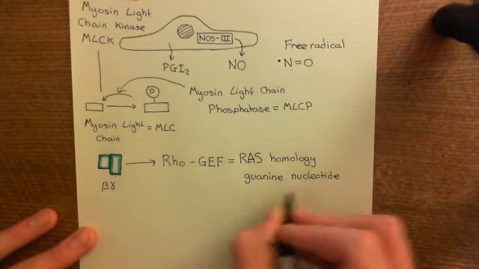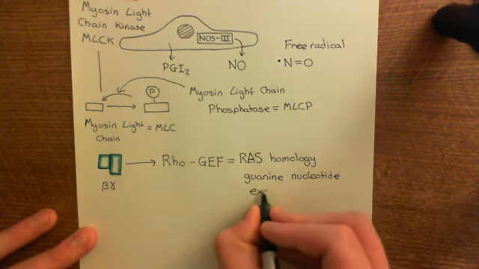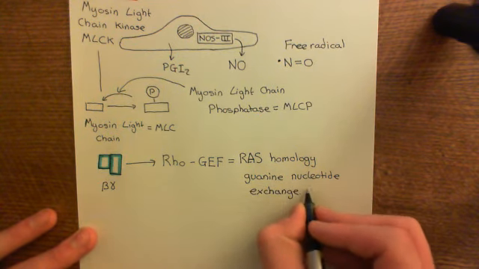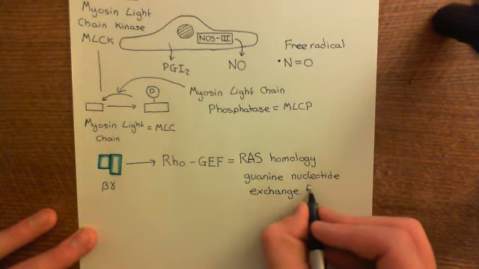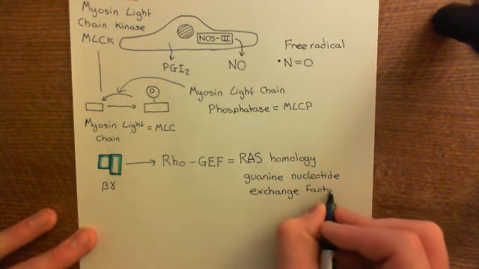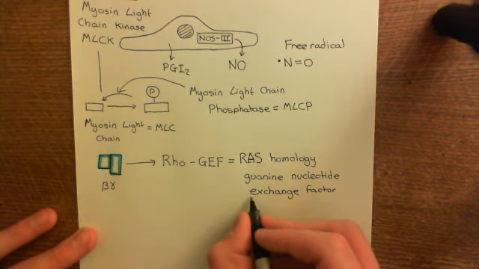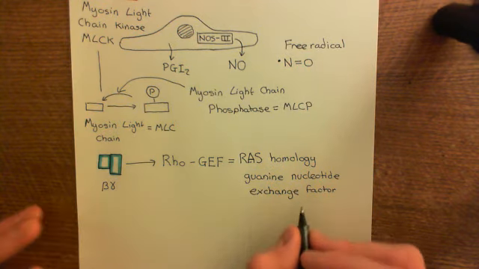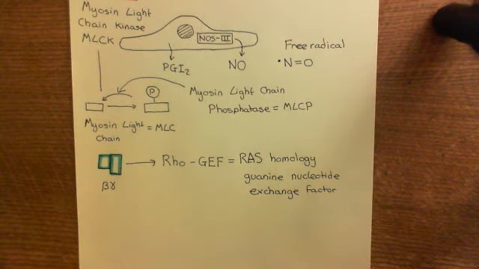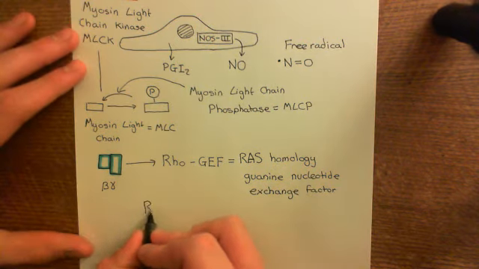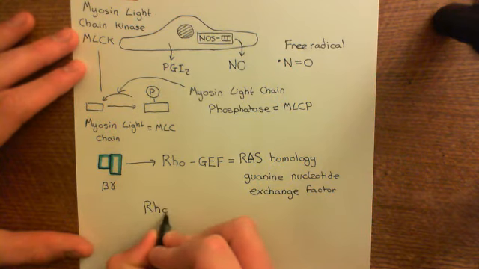Basically, this is an enzyme which is going to activate another G protein, but it's not a heterotrimeric G protein this time. GEF is for guanine, E for exchange, F for factor. Now what this is going to do is take the protein Rho, or Ras homology protein.